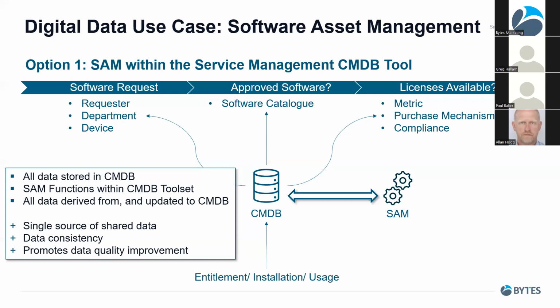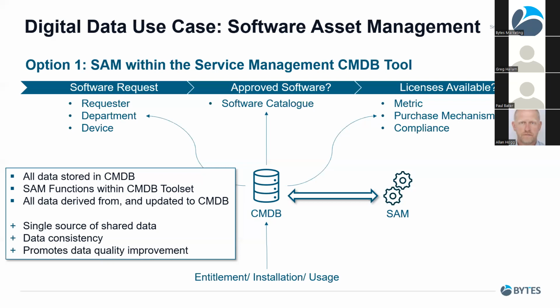It also means that all of the data is derived from and updated to the CMDB. So we're not challenging data. We've not got different records telling us different things. Everybody is working from the same information. The benefits, obviously, single source of shared data, so that if the service desk are supporting the server and need to understand the licensing of it, the SAM function has populated that data into the CMDB under the same CI record.